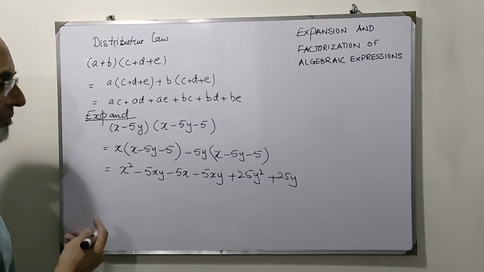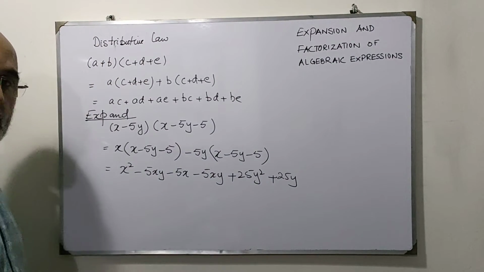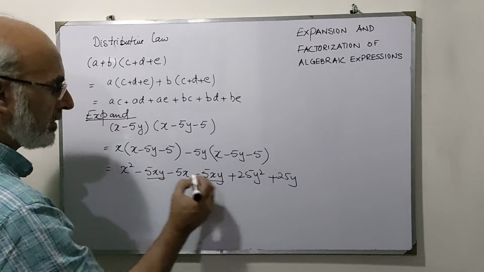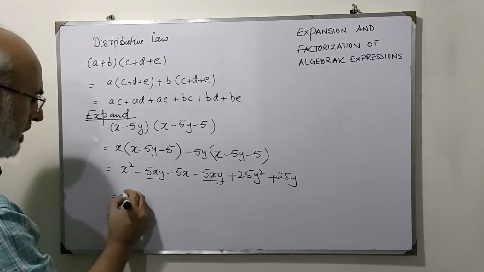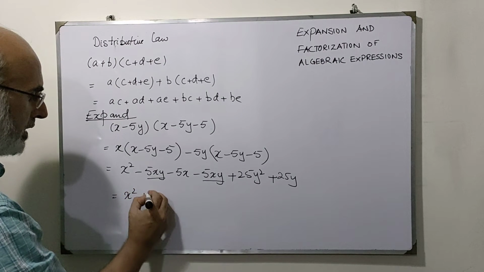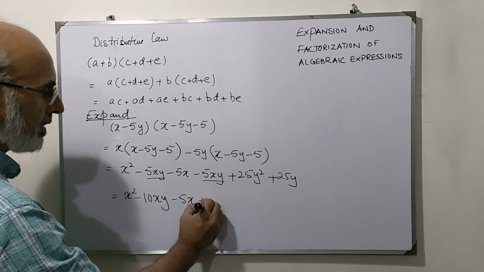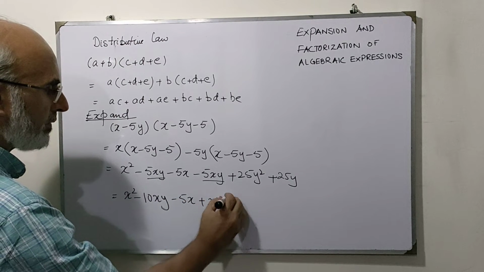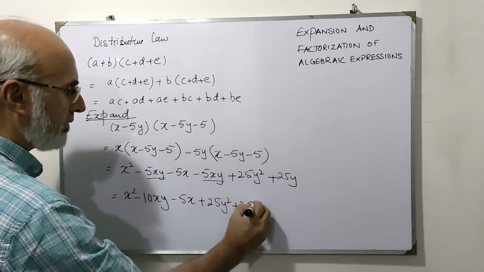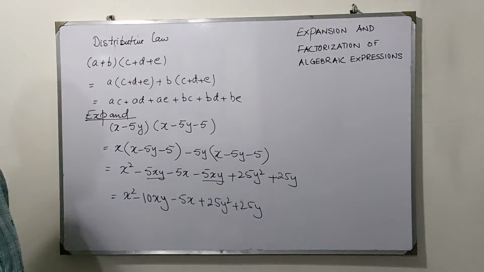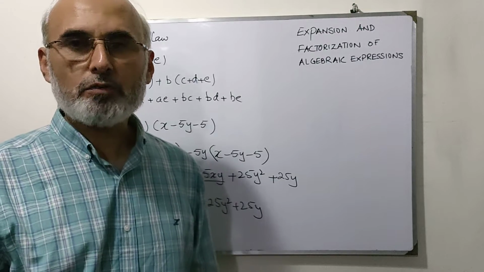If we have like terms over here, let's add them. So x square minus 10xy minus 5x plus 25y square plus 25y. So pretty easy. This was the case of the expansion.